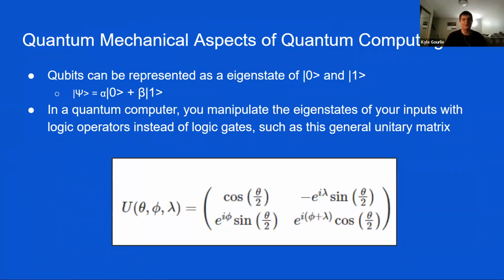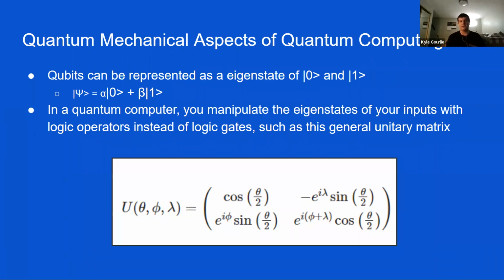Thank you, Morgan. So the quantum mechanical aspect of quantum computing, like Morgan stated, is the idea that you can rewrite the eigenstate in terms of a superposition of the 0 and 1. Classically, we'd have a 0 and a 1 binary bit, but here we can treat those 0 and 1 as kets. Now, how we can use our 0s and 1s is very similar to what we've done in class.